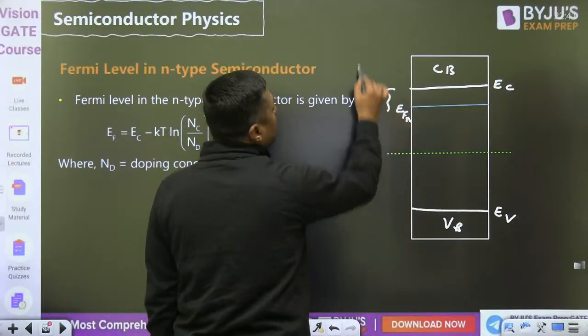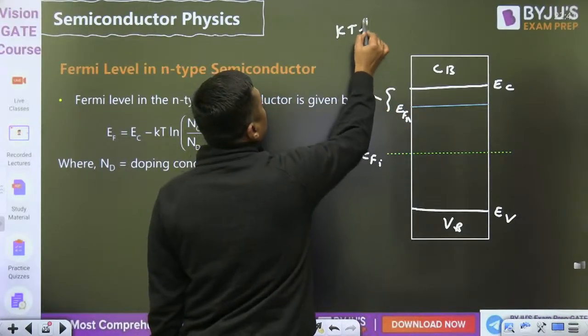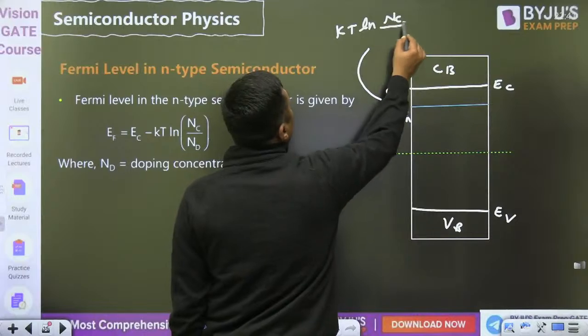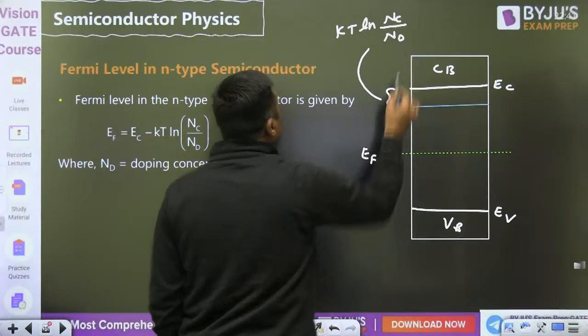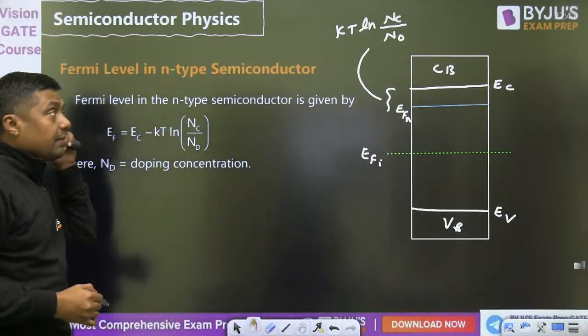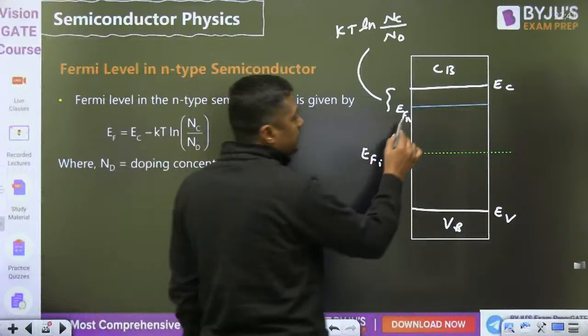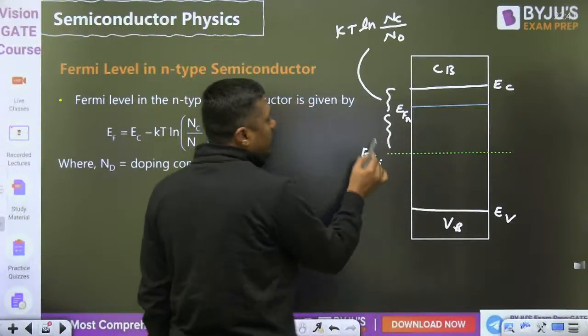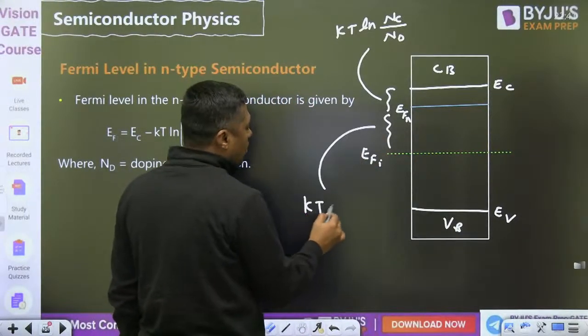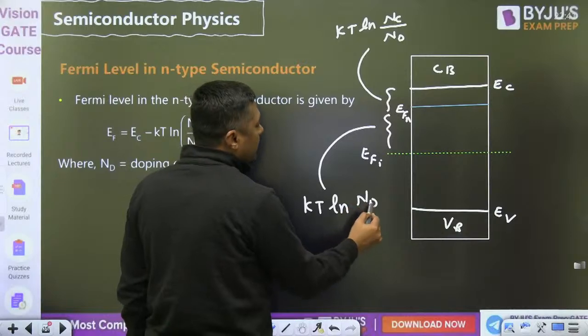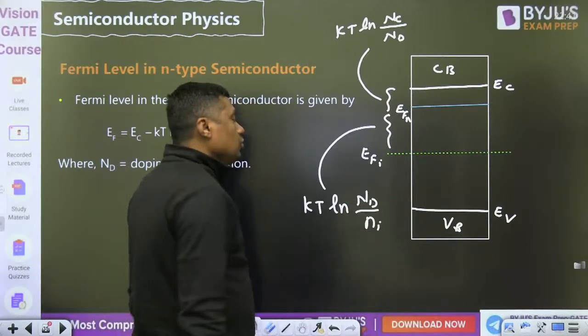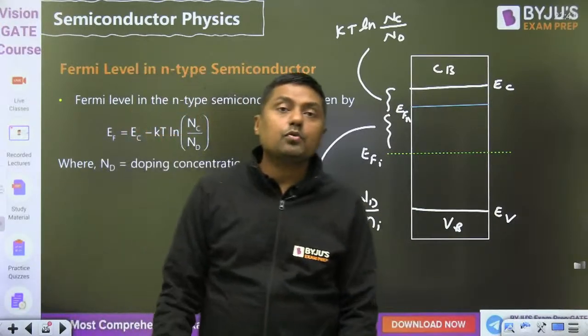Remember this gap. What is this gap? KT log of NC by ND. And what is this gap? EFN minus EFI, KT log of ND by NI. Two formulas only. You can solve any type of questions.